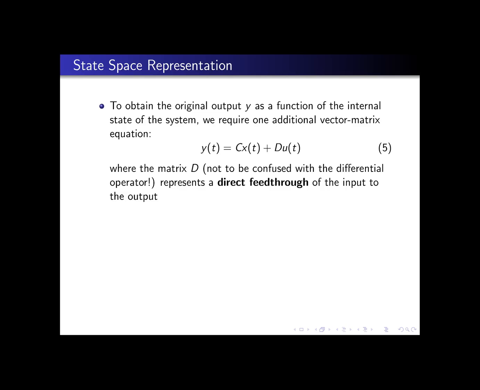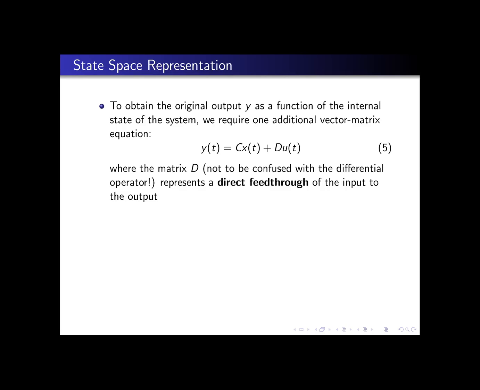All right, to obtain the original output function y as a function of the internal state of the system at any point in time t, we posit that y is an algebraic matrix vector equation and therefore a function of x.